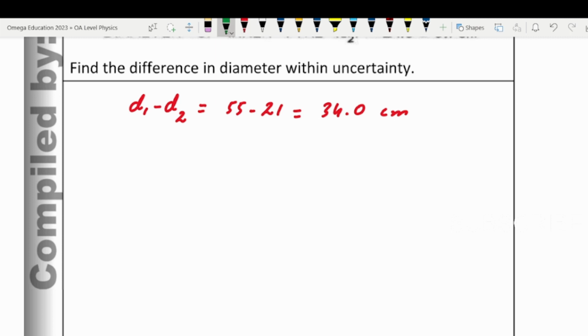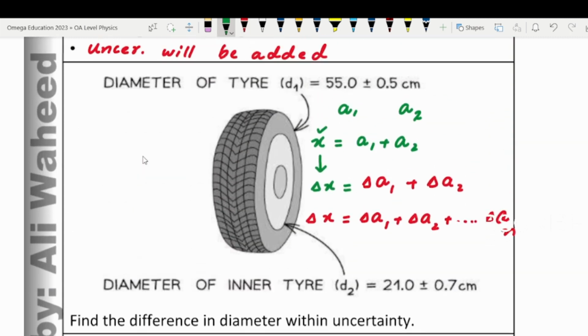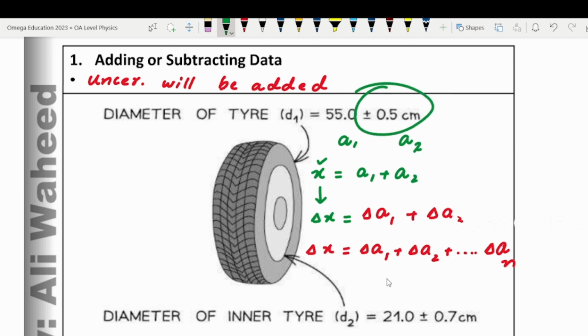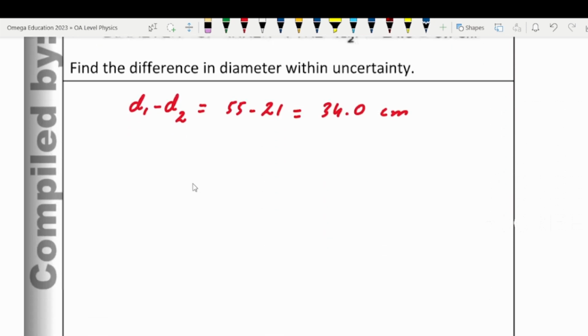But how much uncertainty is there? What you have to do is add the uncertainty of the first one and the second one. From the first one, the uncertainty was 0.5. The second one, the uncertainty was 0.7. So the total uncertainty equals the uncertainty of the first one plus the uncertainty of the second one. When you hit it on the calculator, you get 1.2 centimeters.